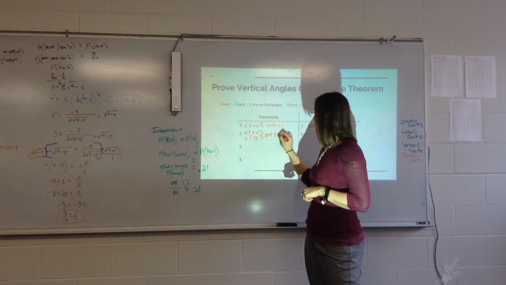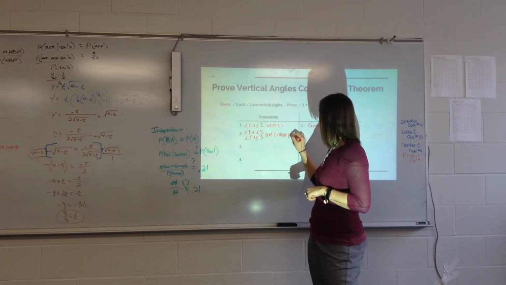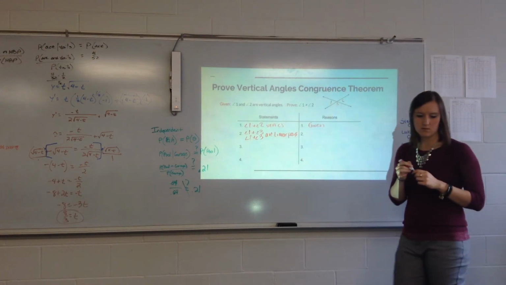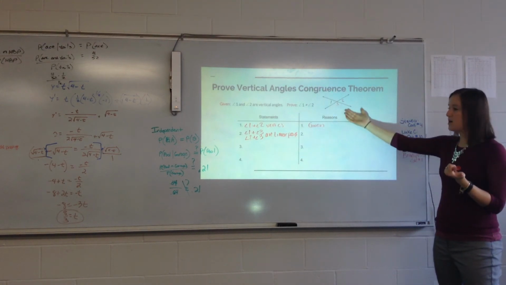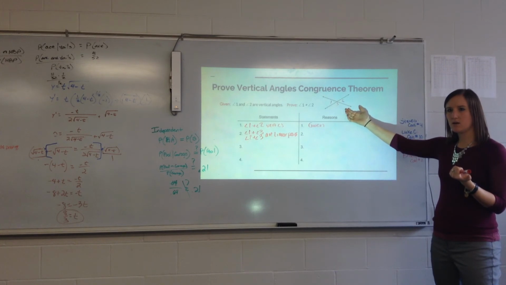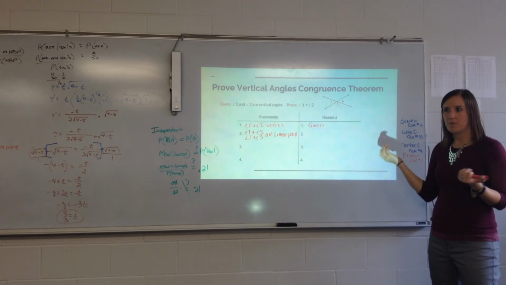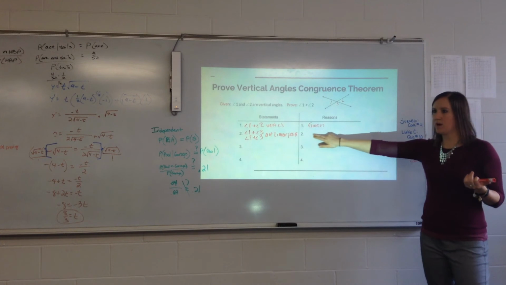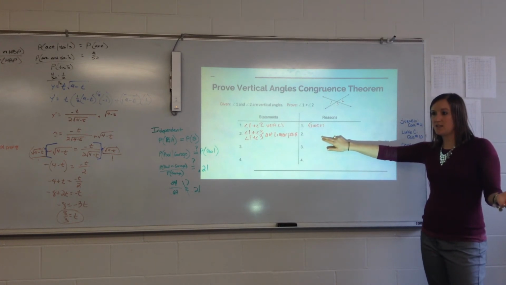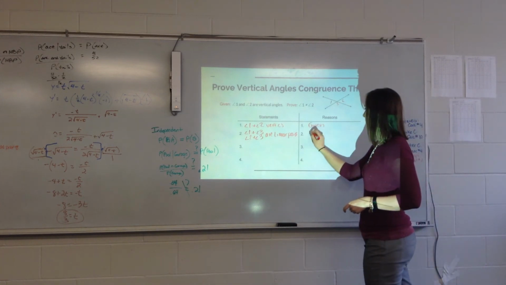Both of these are linear pairs. Why? How do we know that they're a linear pair? Right. What does a linear pair tell us? They're on the same line. So we literally just use the definition of a linear pair.